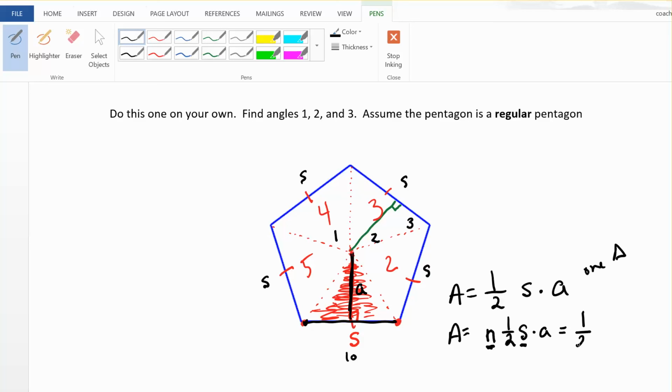It's 1/2 times the apothem times the perimeter of the figure. N times s is the same thing as p. And here's the formula we're going to use to find the area of a regular polygon: 1/2 times the length of the apothem times the perimeter of the figure.